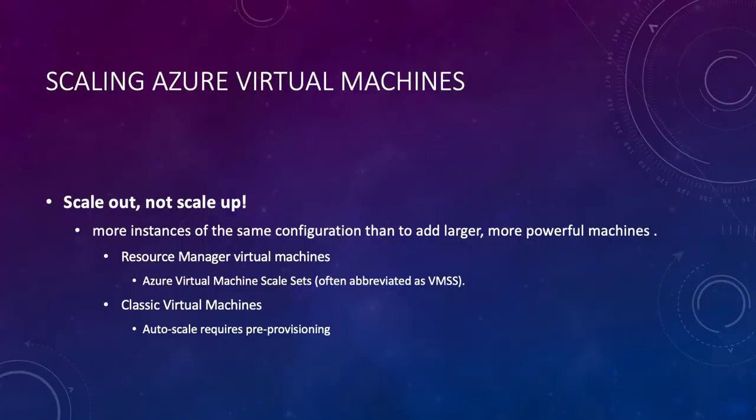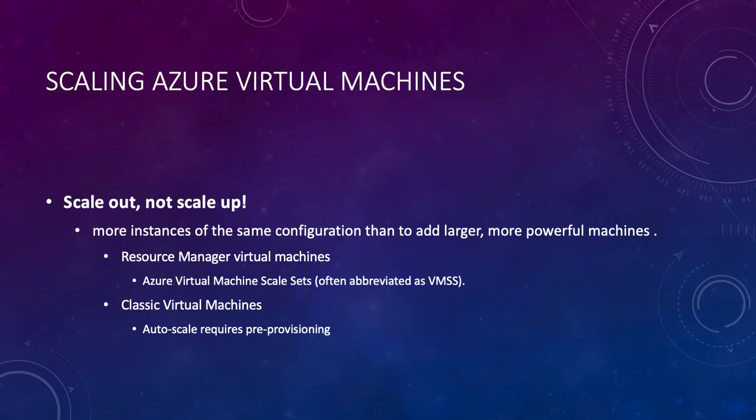As with most Azure services, Azure virtual machines follow a scale out, not a scale up model. This means it is preferable to deploy more instances of the same configuration rather than to add a larger, more powerful machine. The approach for scaling out VMs varies depending on whether you're working with a classic VM or a resource manager VM.